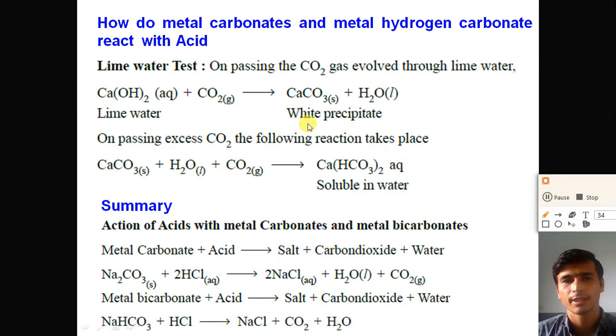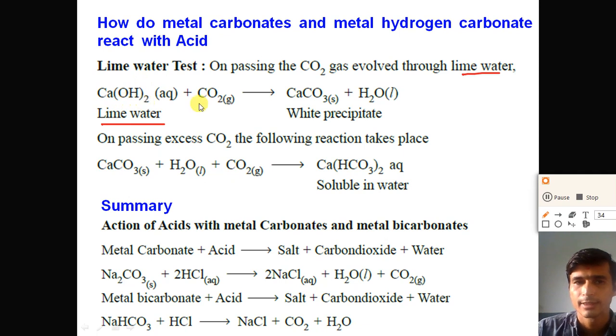So dear student, the lime water test is used to know the presence of carbon dioxide gas in the test tube. Remember the formula of calcium hydroxide, lime water. What is the chemical formula of lime water? Ca(OH)2 plus CO2 gives CaCO3 plus H2O.